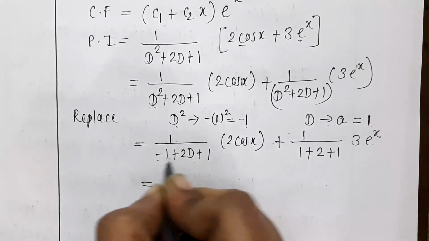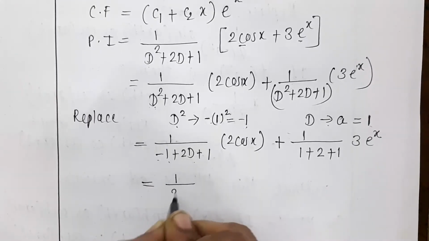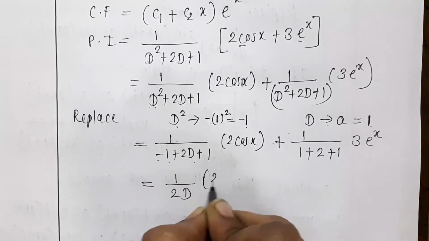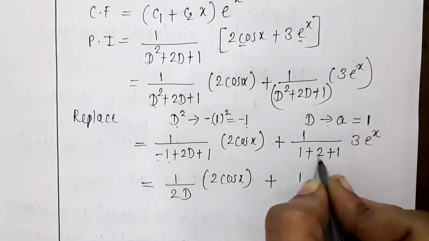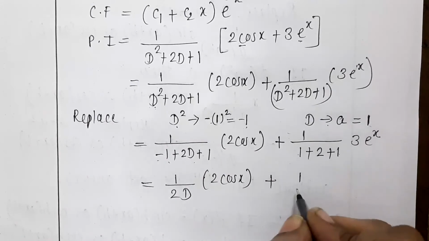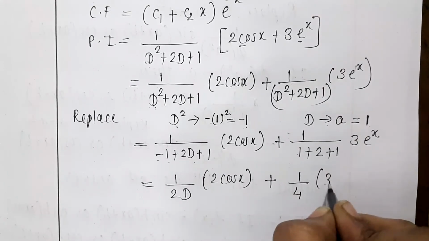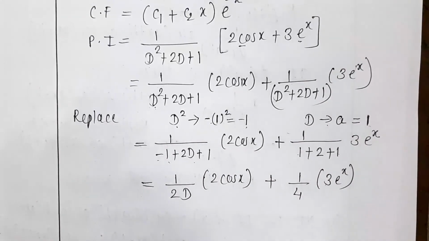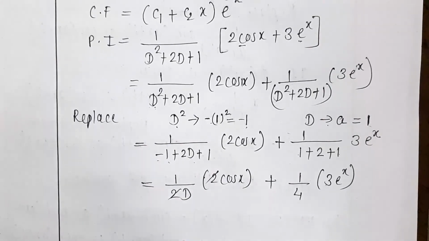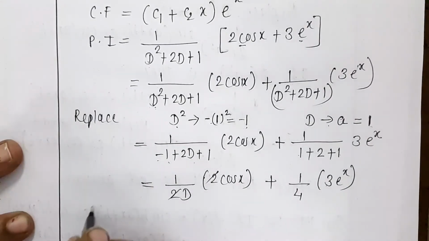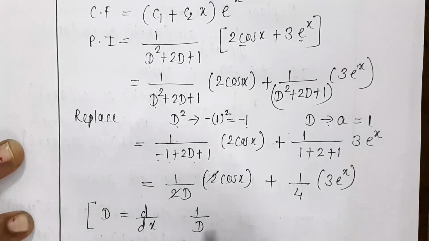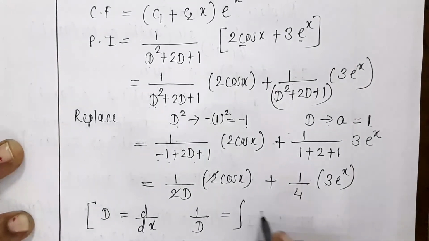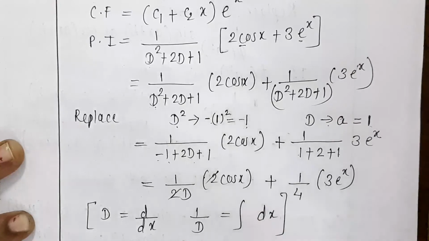So this is equal to, minus 1 plus 1 get cancelled, 1 upon 2D multiplied by 2 cos x, plus 1 upon (2 plus 1 plus 1), which is 4, so 1 by 4 into 3 e to the power x. Now this 2 gets cancelled, and we have to remember one thing: D is equal to d by dx. So 1 by D is nothing but its reciprocal, meaning integration with respect to x.